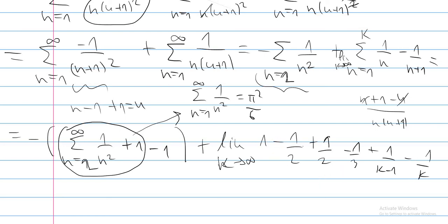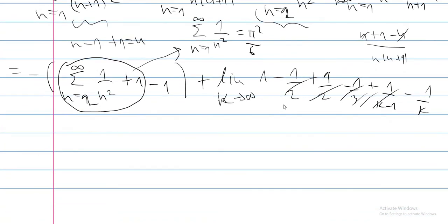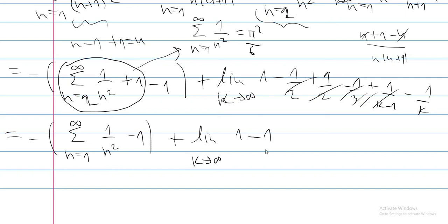As you can see, these terms will cancel each other out, and we are left with just 1 minus 1 over k. And this one will become a sum going from 1 to infinity of 1 over n squared minus 1, plus a limit as k approaches infinity of 1 minus 1 over k.